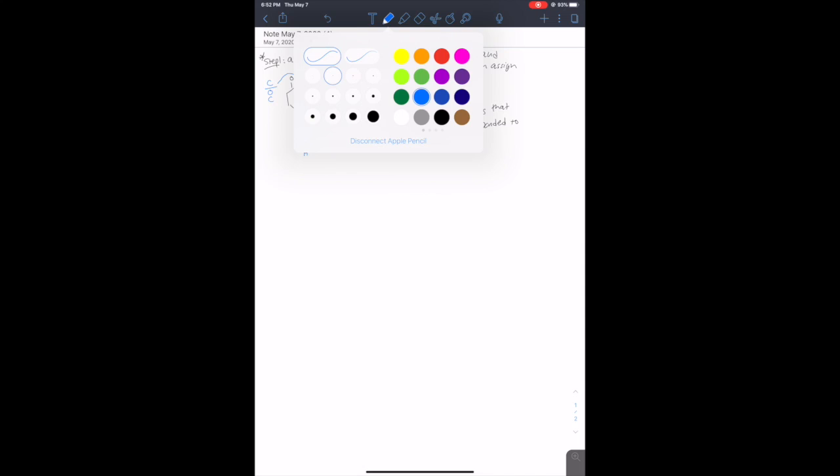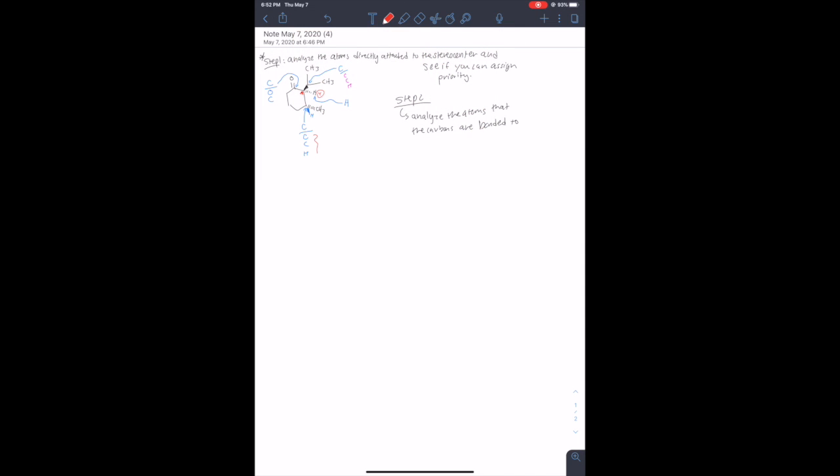So next, I would compare these 3 groups. You can see here there's 2 carbons and a hydrogen. Carbon has an atomic number of 6. Same with this group up here: 2 carbons, atomic number of 6.